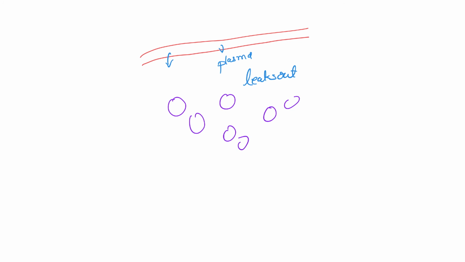So what comes out? The plasma leaks out. And this is where your cells are, and this whole thing surrounding is the ECM. So from here it comes to there, and vice versa.